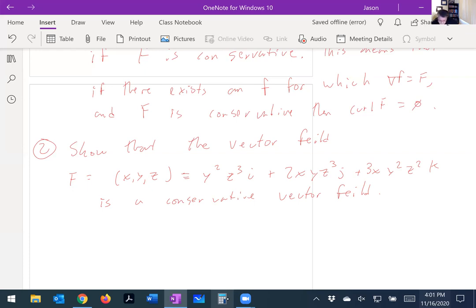Sorry, this should not be equals, this is just F of x, y, z. Okay, so now why is this important?